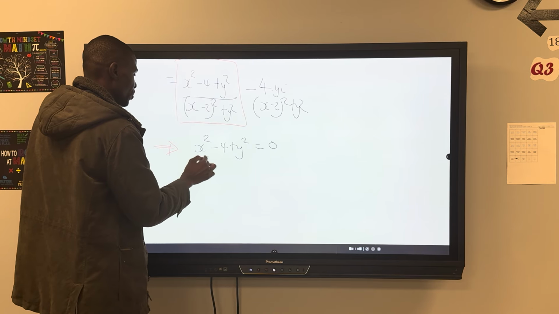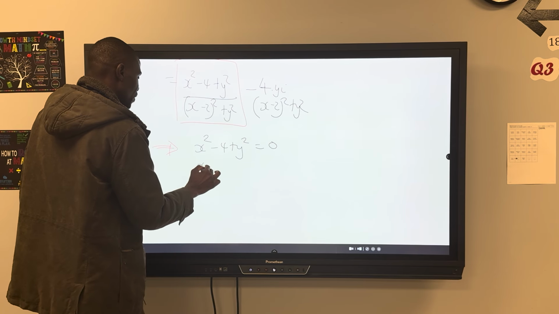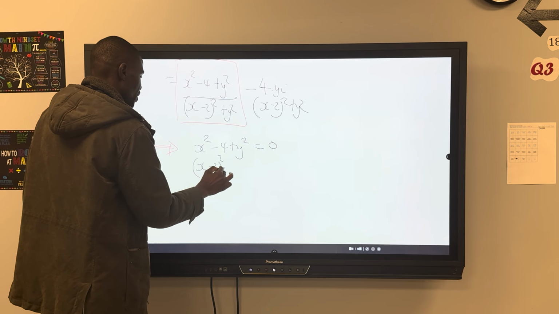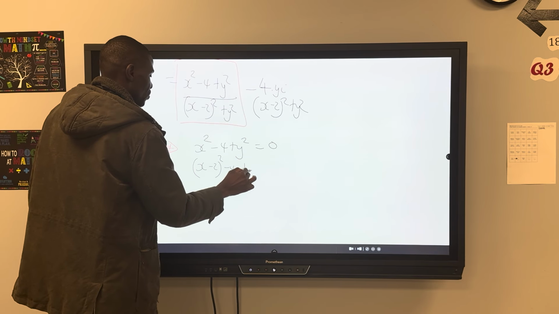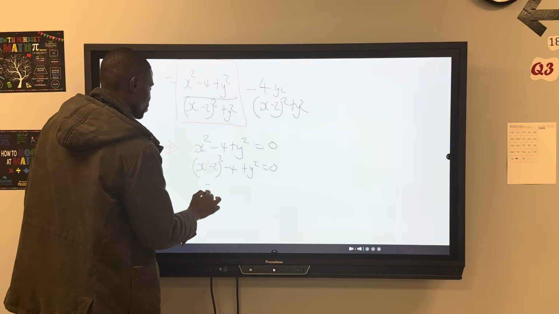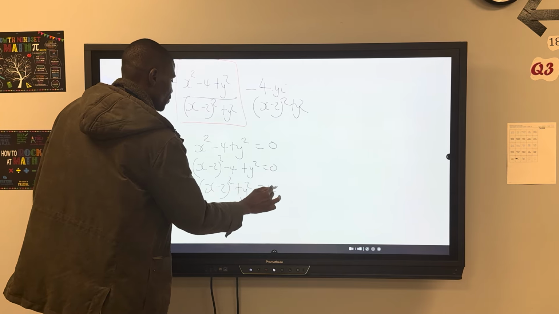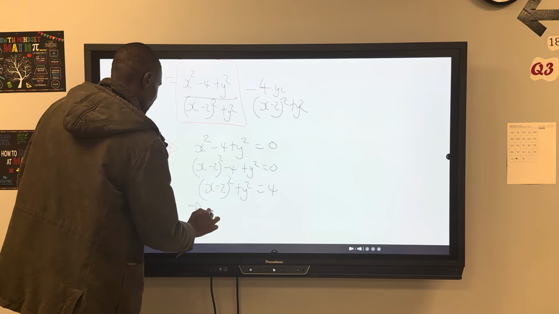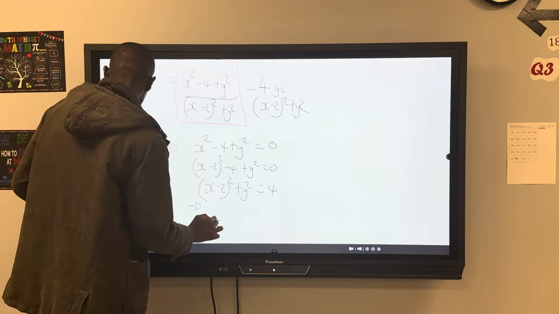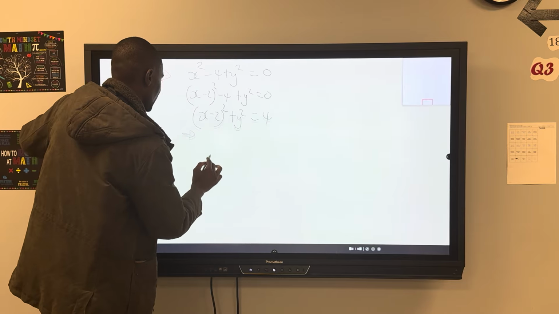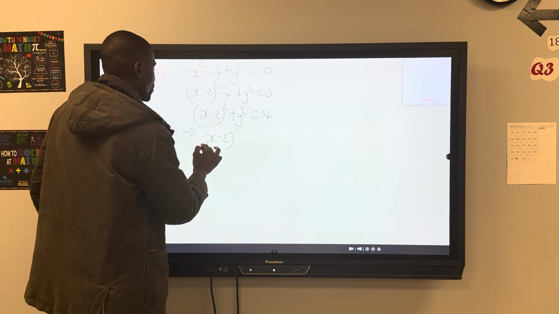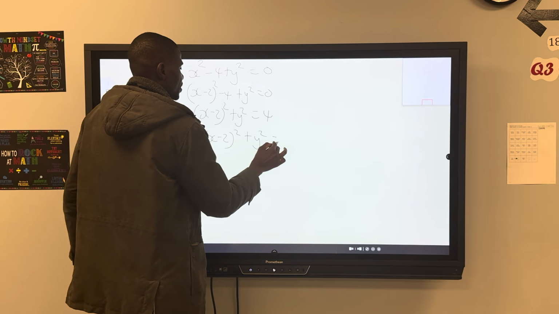So here, when we complete the square, it's going to be x, half of this is minus 2, squared, minus 4 plus y squared equal to 0. So x minus 2 squared plus y squared is equal to 4, which implies x minus 2 squared plus y squared is equal to 2 squared.